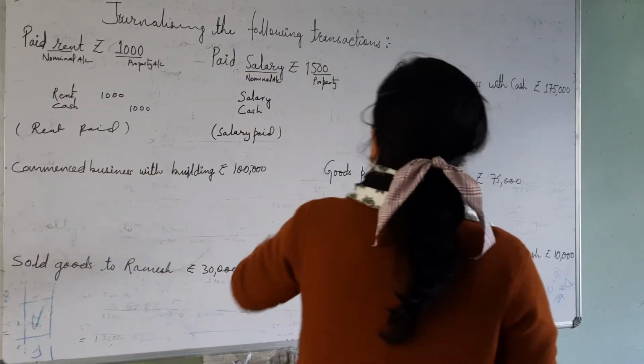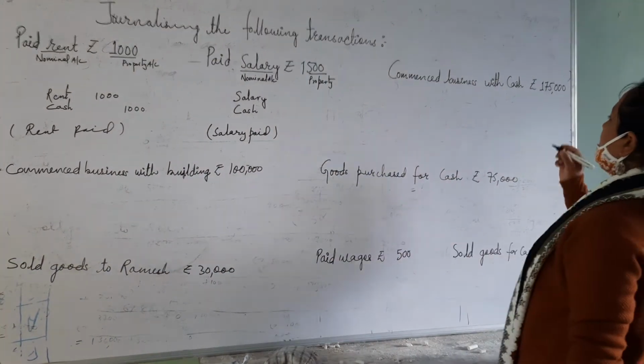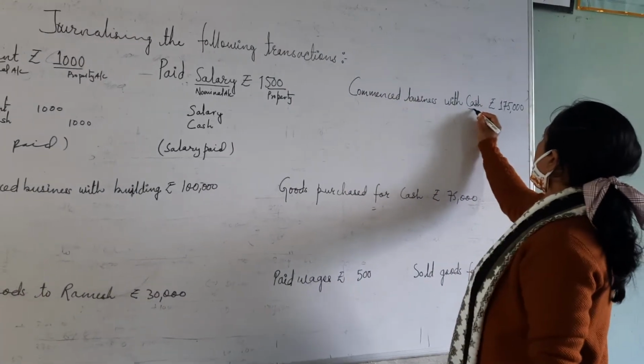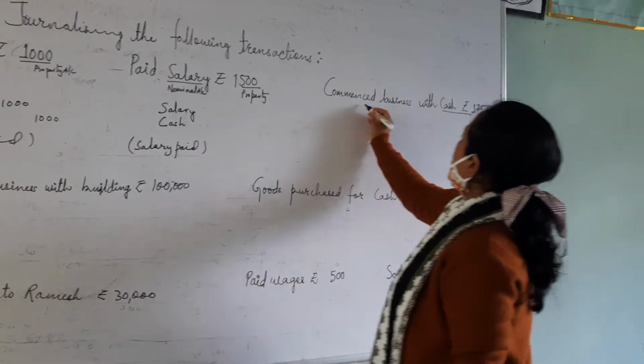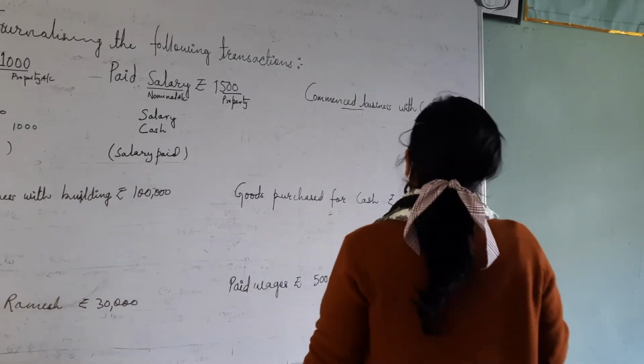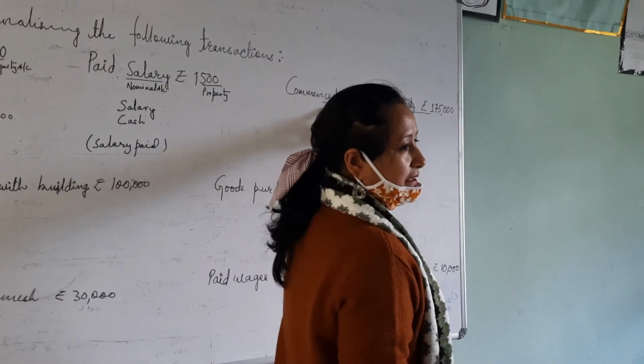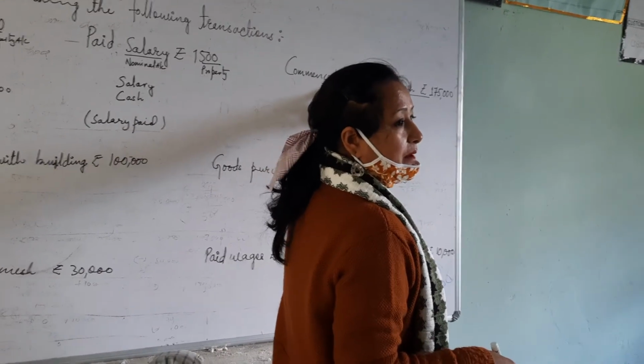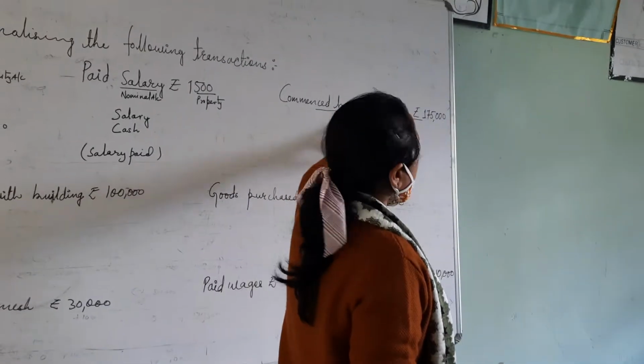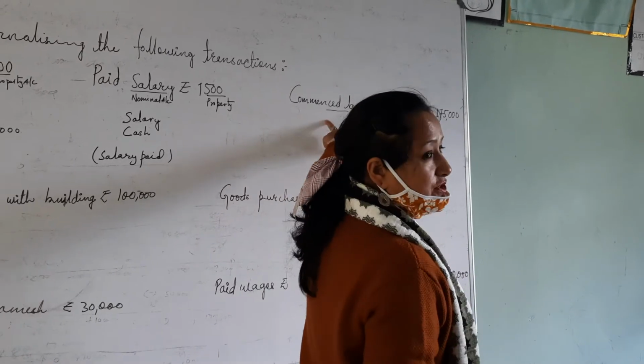Okay, fine. So in this way, we can refer to the second one. Here also cash. And we understand this commence business means definitely the owner has commenced with something, either in the form of cash or in the form of kind.